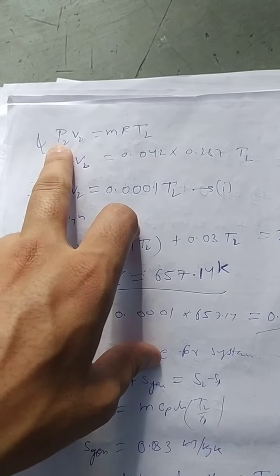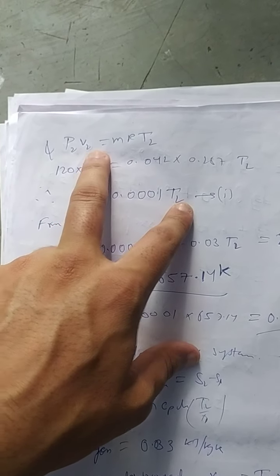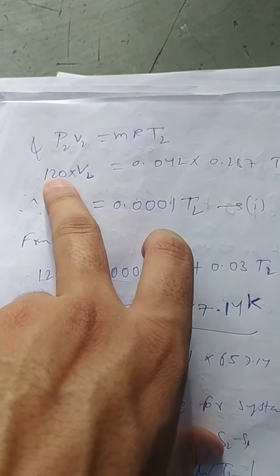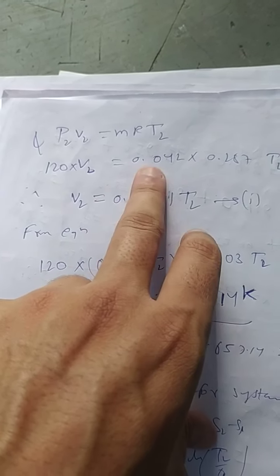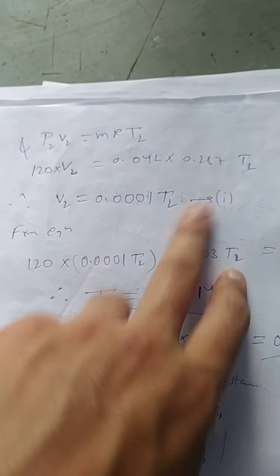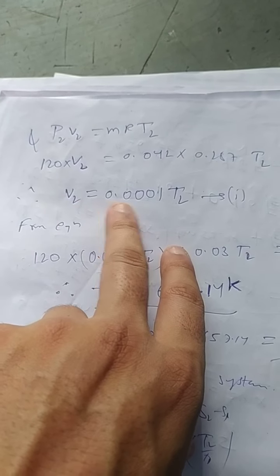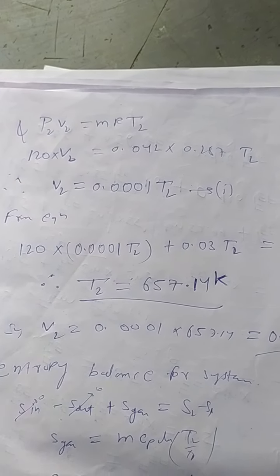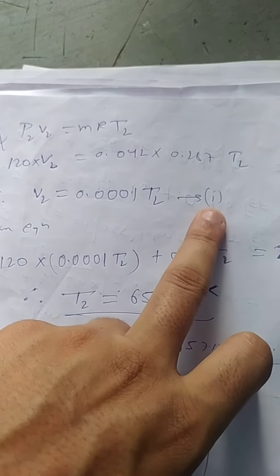Now assuming ideal gas, P2 V2 is equal to mRT2. Now P2 is constant, 120 into V2 is equal to mass into R into T. So V2 is equal to 0.0001 T2, and we'll call it equation 2.